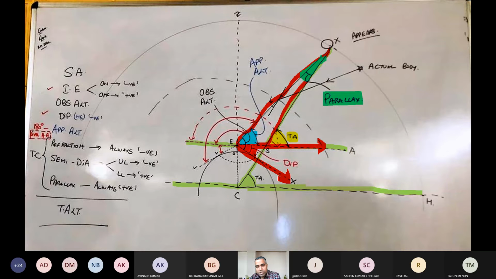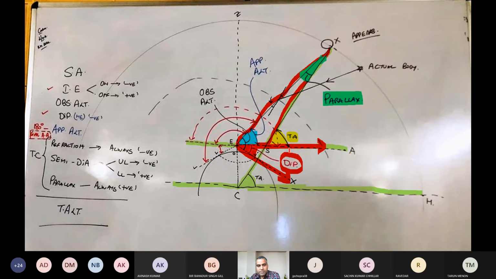If we are able to find out this angle, you subtract it from the observed altitude and you can get the blue color angle. So the angle between visible horizon and the sensible horizon is known as dip angle.